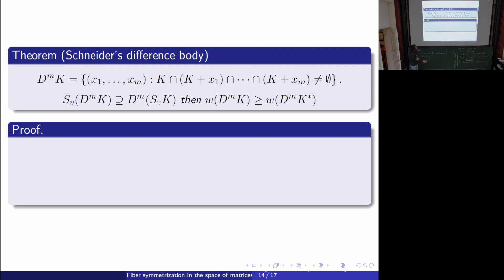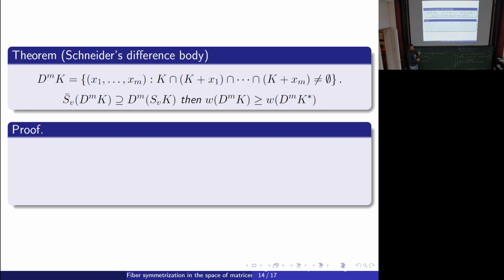If you take a convex body K and you consider all the m-tuples of vectors in R^n for which the intersection of all the translates is non-empty, then this is what we call D_mK, the difference body with multiple variables. In the case m equal to 1, you only have one translation, and you get K intersection K plus x_1. And this is the usual difference body.